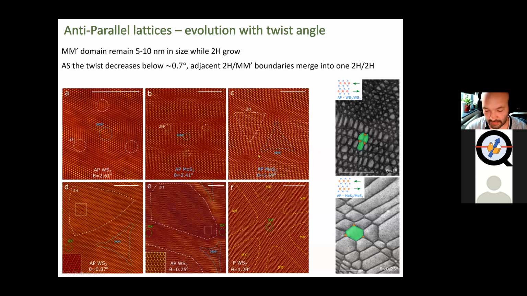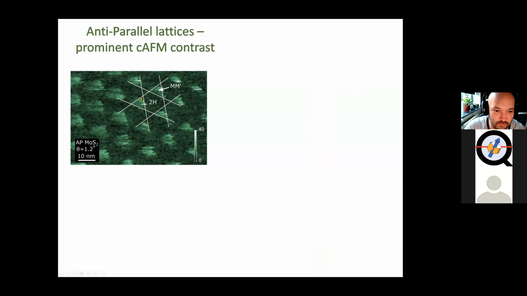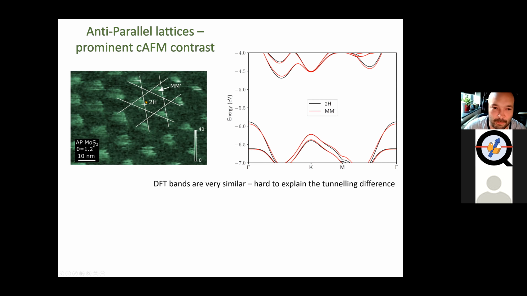So if we look at conductive AFM of this antiparallel configuration, we don't see these alternating bright and dark domains. In fact, it's very hard to see what we are showing here. That is, again, a variation of current as we scan across the sample in contact mode with a conductive tip. But even that is hard to explain because basically what we're looking at is two polytypes with a very similar band structure.